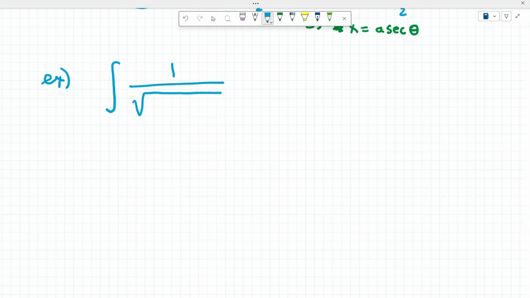Okay, let's look at our first example. We are considering the following integral: the integral of 1 over the square root of 1 minus x squared, with respect to x.